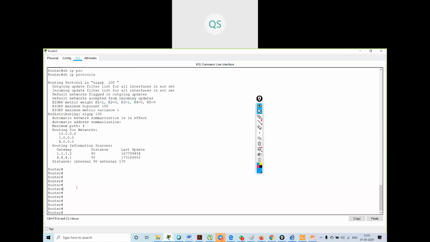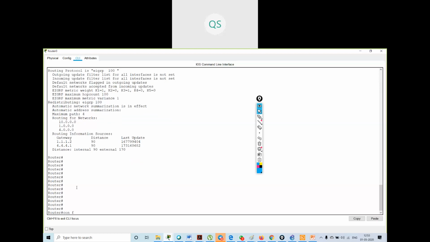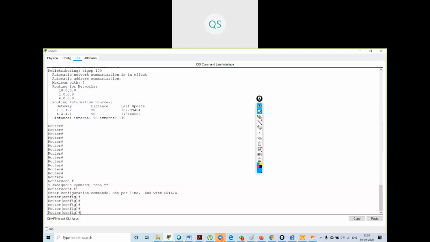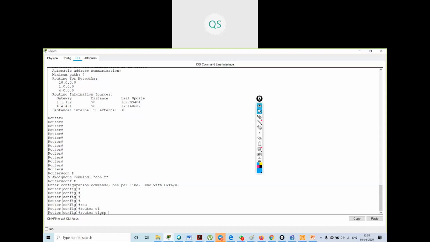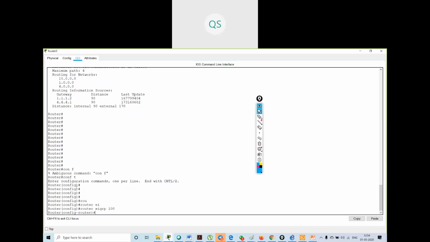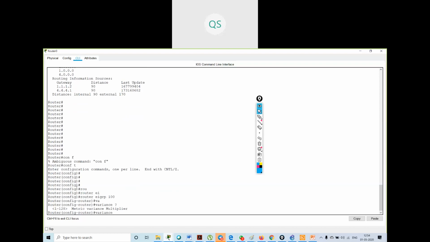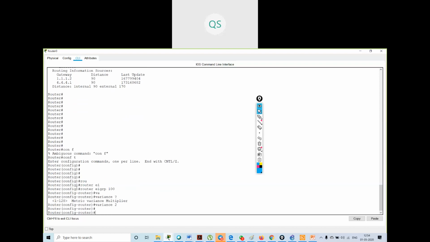So I will change the variance value to 2. Router EIGRP 100, and I will say variance. You can give it from 1 to 128. I will give it as 2.